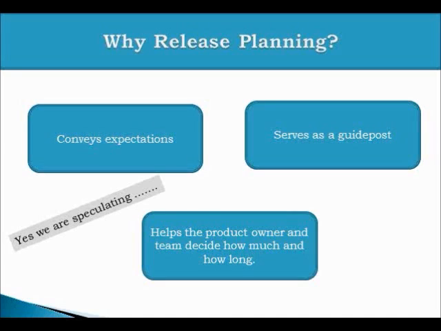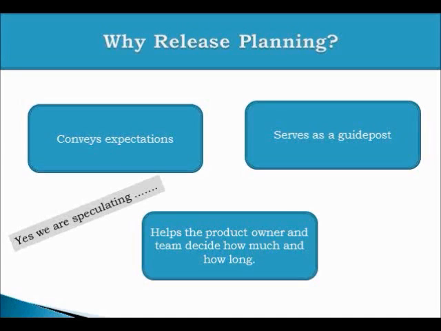It serves as a guidepost. Think of a situation where you don't have a release plan, so you don't have a release burn-down chart. If you don't have a release burn-down chart, how are you going to manage scope creep? How are you going to visualize the impact of the changes happening in your iteration-wise project scope on the overall release?